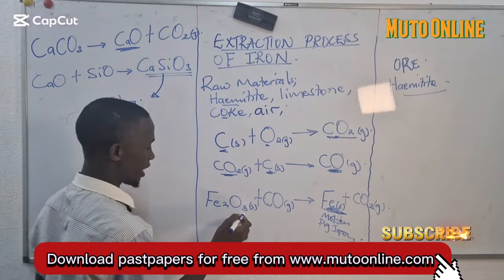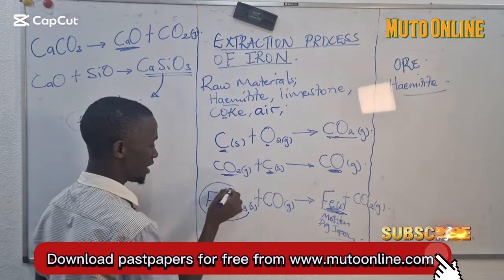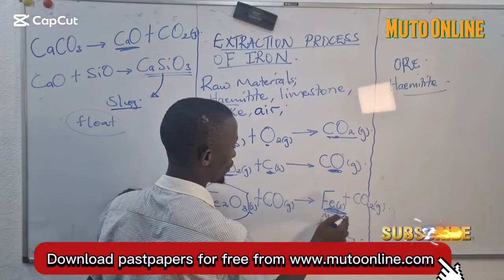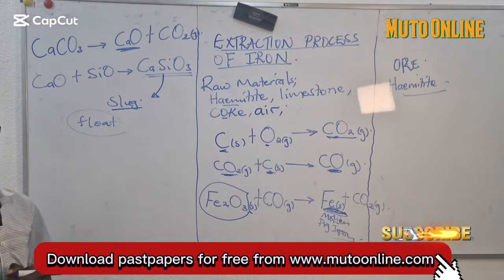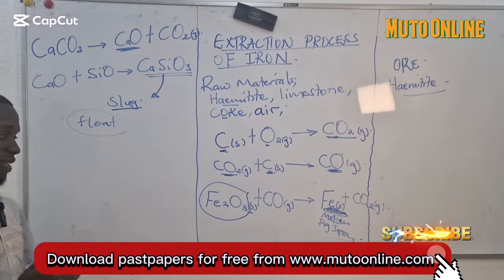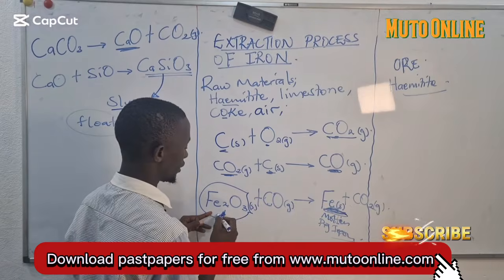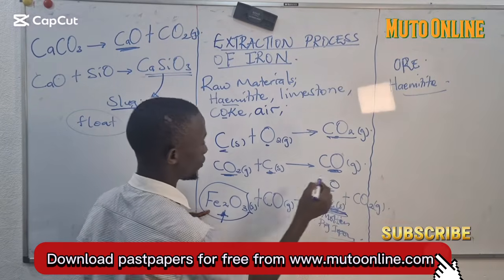In this reaction, the iron(III) oxide is being reduced since oxygen is removed from it, and its oxidation state is reducing from a certain positive value to 0.